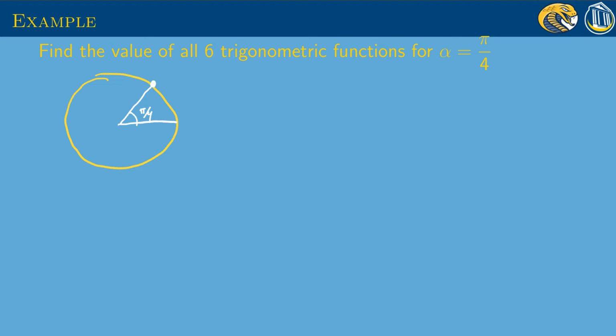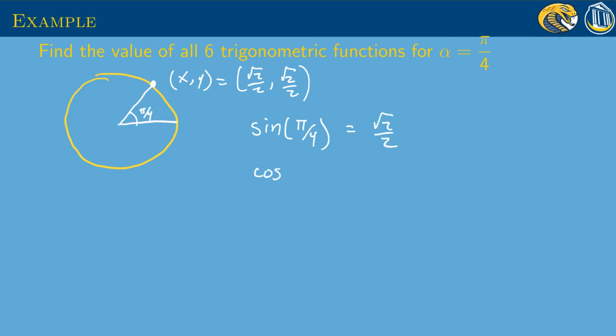And we know that our x and y coordinates are equal to root 2 over 2 and root 2 over 2. Therefore, let's do some math. Sine of pi over 4, that's our y coordinate, root 2 over 2. Cosine of pi over 4, that's our x coordinate, it's also root 2 over 2.